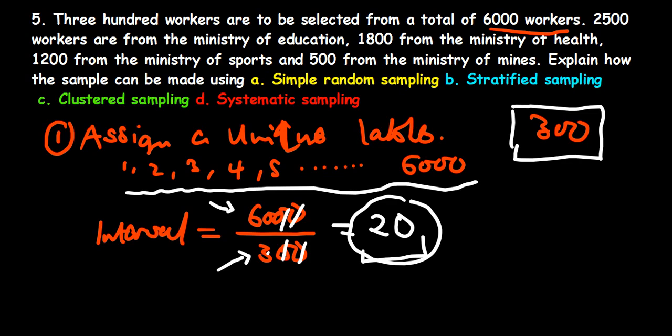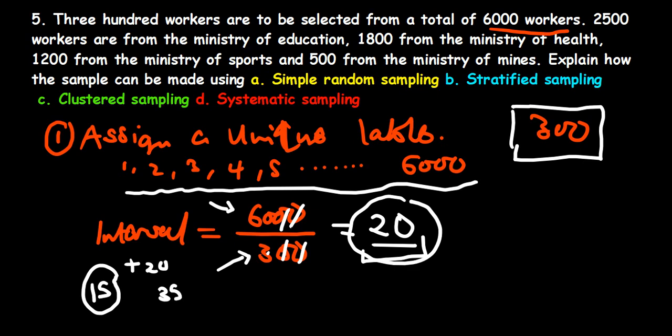So maybe if I come to this entire population, I select my first worker as worker number 15. Once you select your first worker as 15, all the workers that follow will have to follow this interval. So if your first worker is at 15, then your next one should be at 15 plus 20, which is 35.